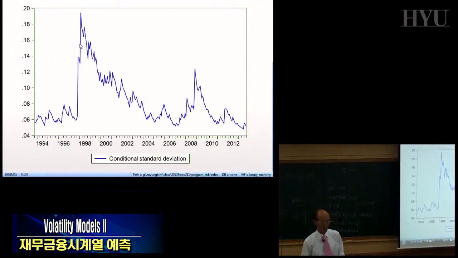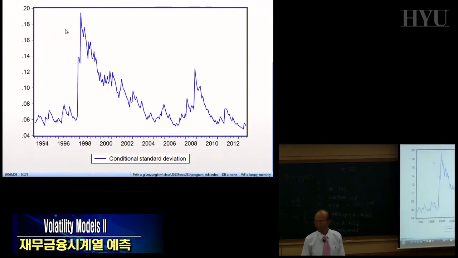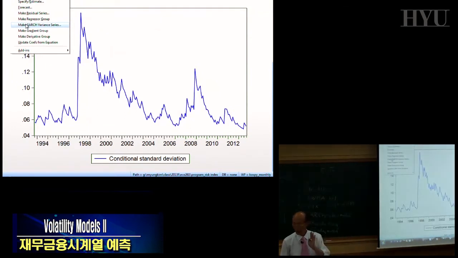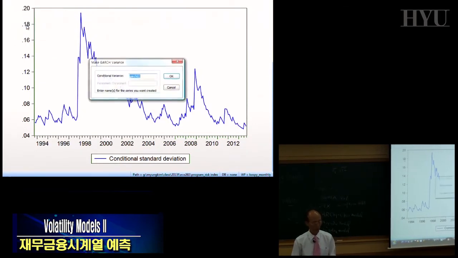How to save this as a series to calculate that kind of thing? Well, you can't save this one as a number, so you have to do it differently. If you look at here, Proc, Make GARCH Variance Series. Right after estimating this GARCH model, you can select Proc, Make GARCH Variance Series.